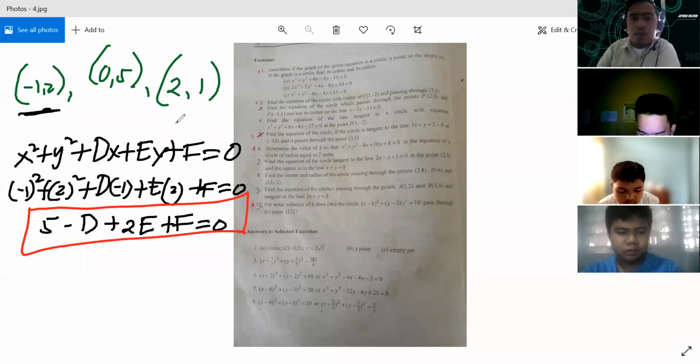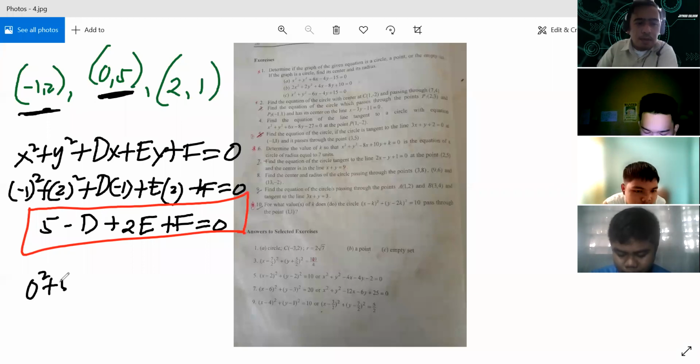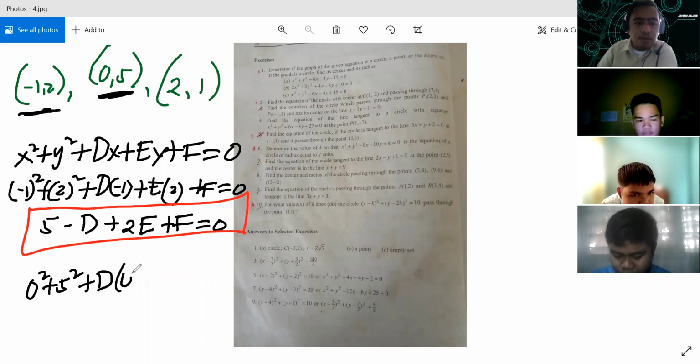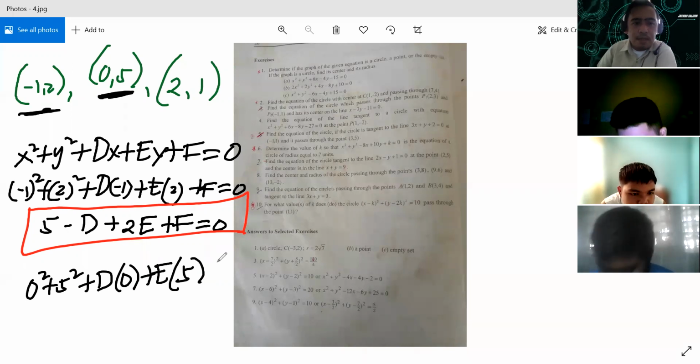So we use the first point. If we will use the second point, the 0, 5, then it will be now, still you will use the general form, but you will replace x and y by 0 and 5. So it will be 0 squared plus 5 squared plus d times 0 plus e times your y this time is 5 plus your f equal to 0.